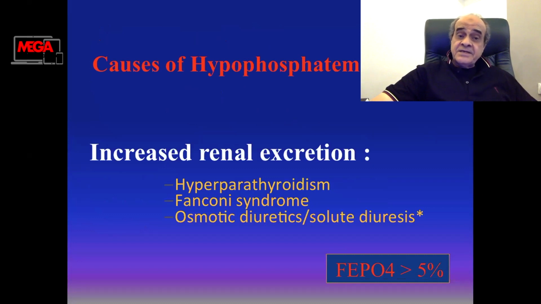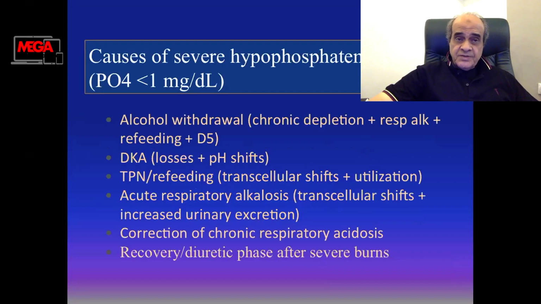Increased renal excretion occurs in hyperparathyroidism, Fanconi syndrome, and renal tubular acidosis associated with phosphate depletion. Osmotic diuretics and solute diuresis cause hypophosphatemia, like in patients suffering from DKA, but the fractional excretion of phosphate here, as I said, is more than 5% because of osmotic diuresis.